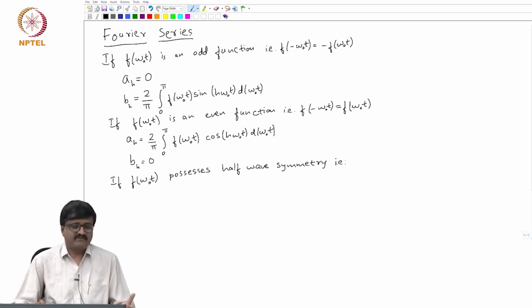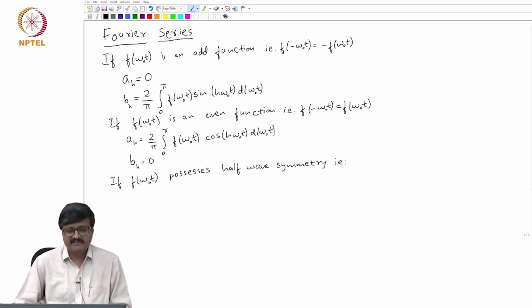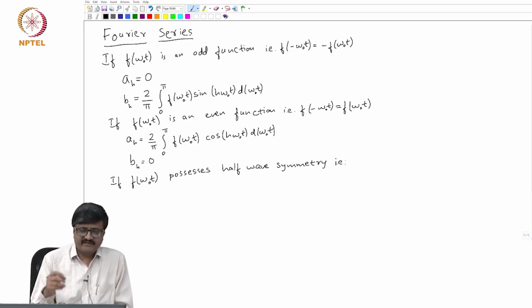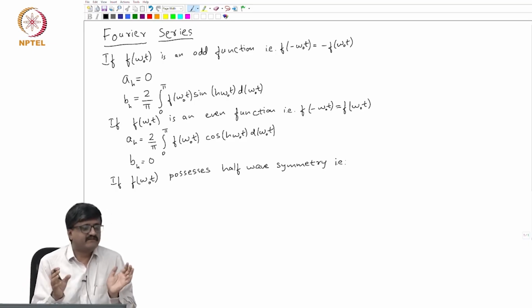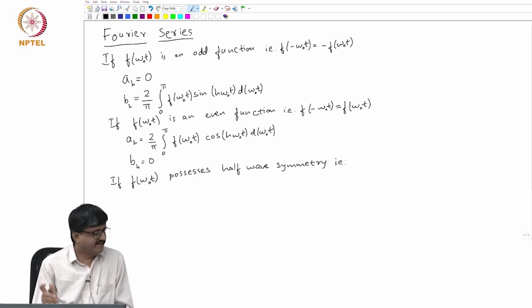When we talk about periodic functions, the entire information about the function is actually there in just one cycle. If I know one cycle, I know the function itself. In the case of half wave symmetry, there is a further reduction from 2 pi radians to pi radians. The entire information is contained in only 180 degrees or pi radians.